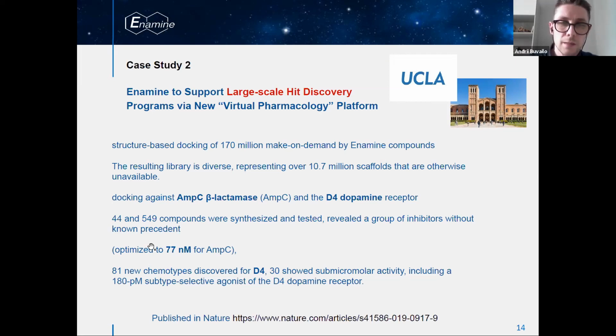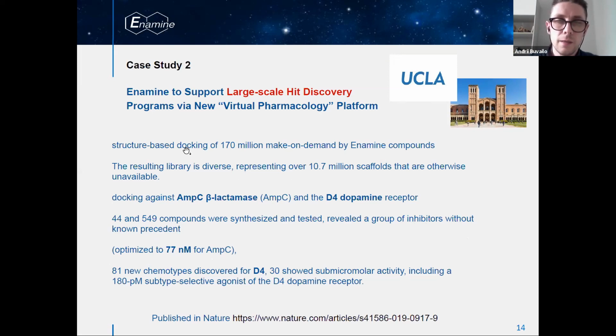The results of that research were a number of compounds, one of them being the most active inhibitor known. And for the other target, a number of compounds with very high affinity were identified following that screen. And of course, a lot of other insights have been uncovered.